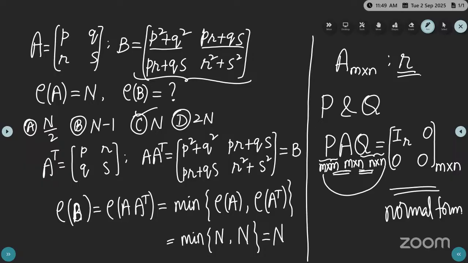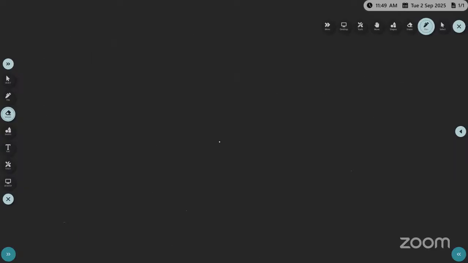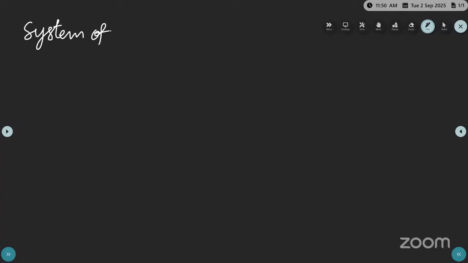Write down: finding the solutions of a system of non-homogeneous linear equations.